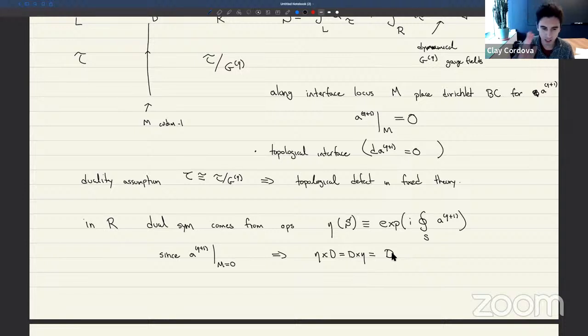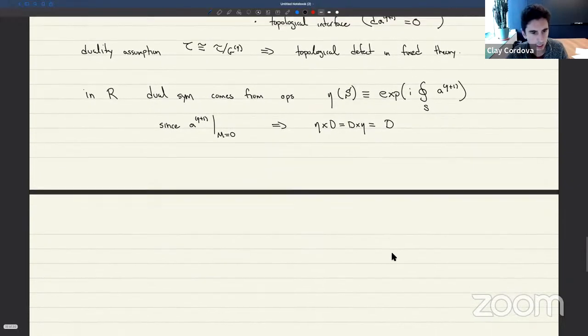D here is the name for this defect, and its locus is M.